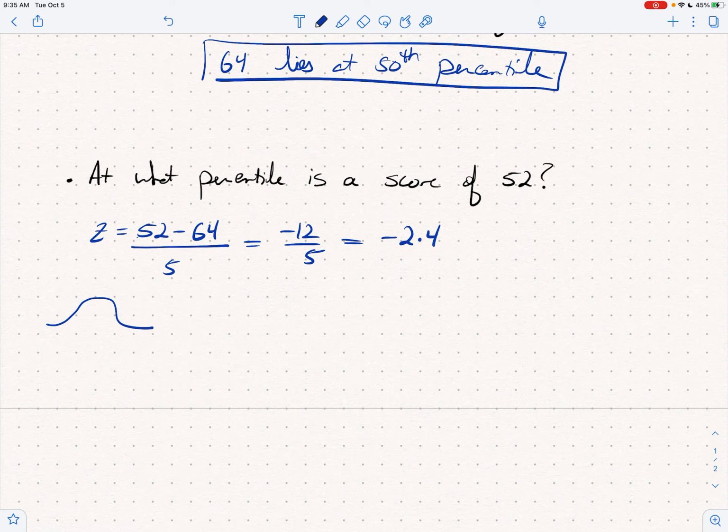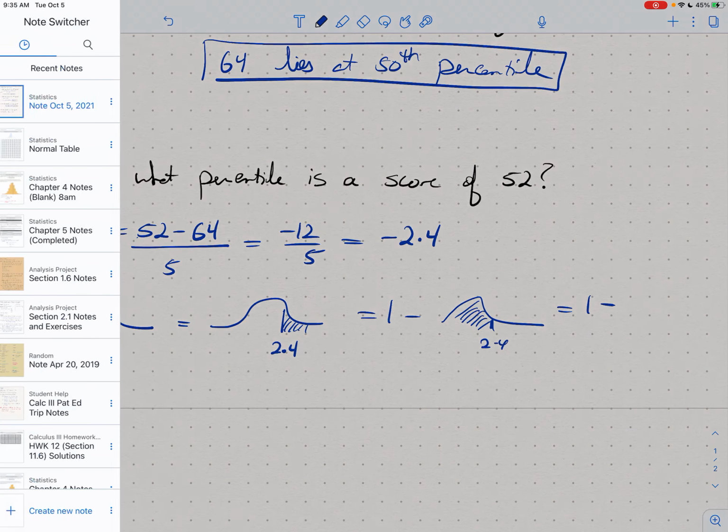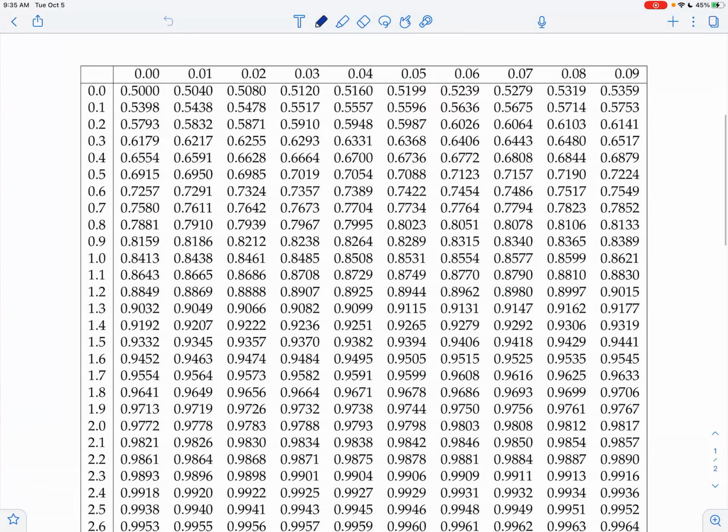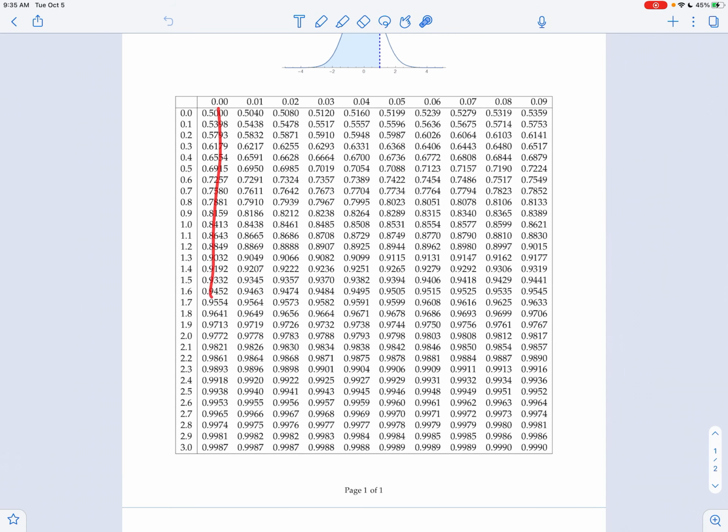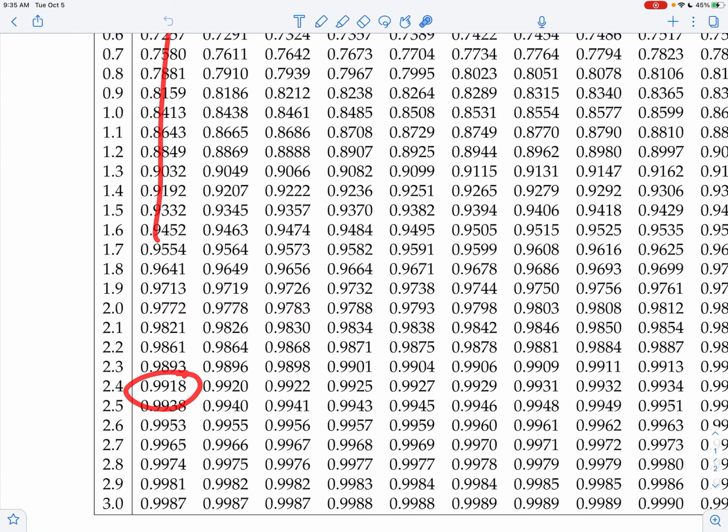So I want the area to the left of negative 2.4. By symmetry, that's the same thing as the area to the right of positive 2.4. And that's 1 minus the area to the left of 2.4. I'm sketching the picture so you can see it. So this is going to be 1 minus the z-score for 2.4. I go over to my table, and I can find 2.40. 0 is the first column, so 2.4 is just 0.9918.